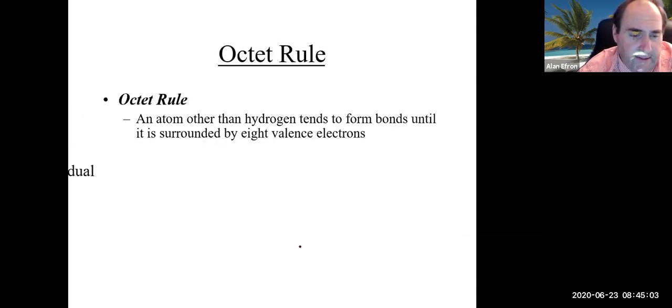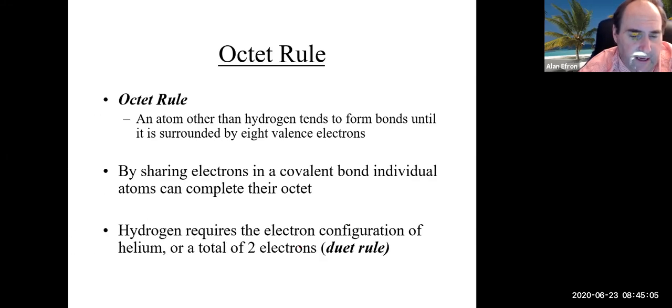And that brings us to two really important rules when we talk about bonding. And obviously the 8 is that number that keeps coming up. And that 8 is what is referred to as the Octet Rule. The Octet Rule basically means that everybody except for hydrogen will continue to make bonds until they get 8 valence electrons around them. And they do that by sharing those electrons through covalent bonding. That could be, as we'll see, a single bond, a double bond, or a triple bond to do that.